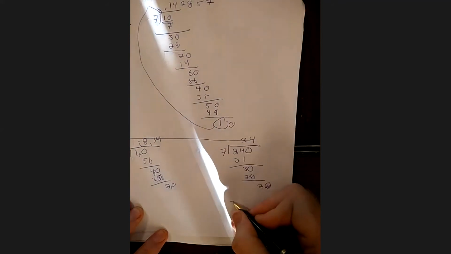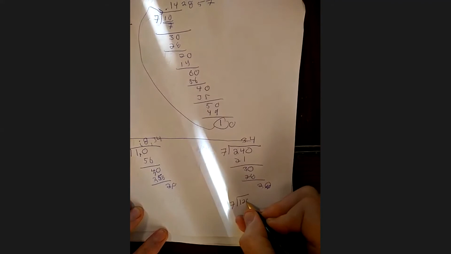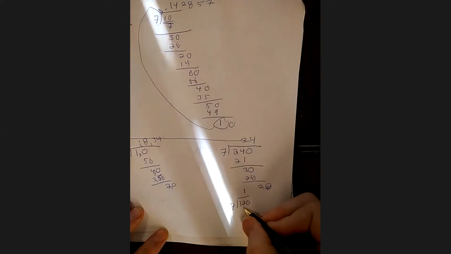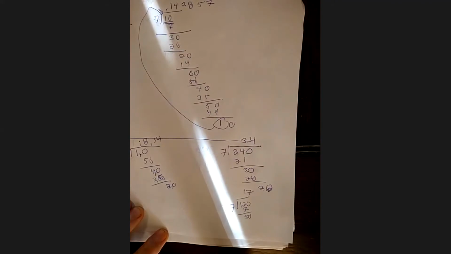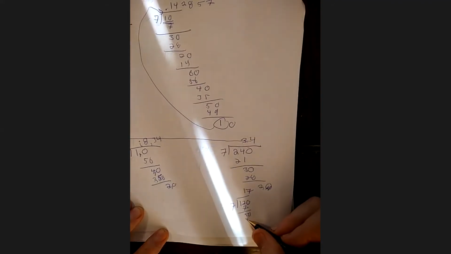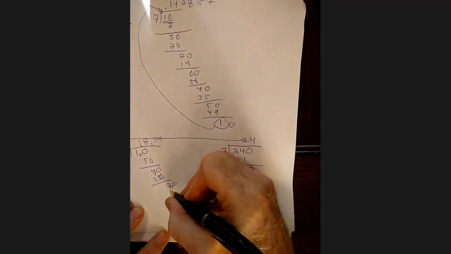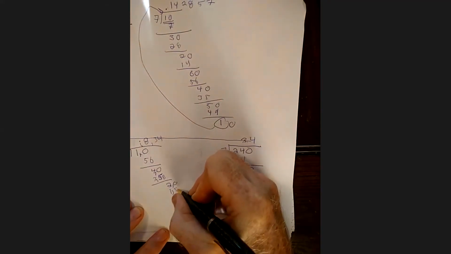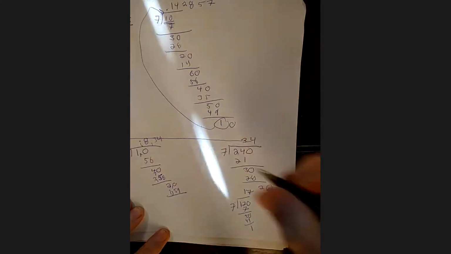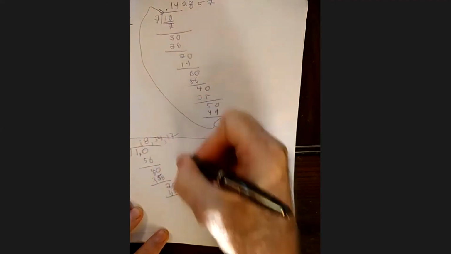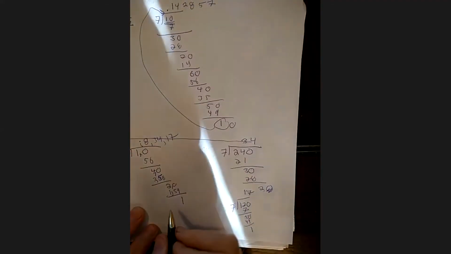So again, I have to go 7 into 120. I get 17, but my remainder is going to be 1. So 7 times 17 is 119, so 159. And then I get a 1 here, and that's what I started with.